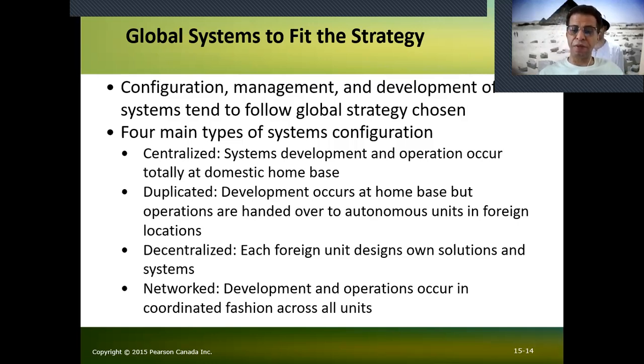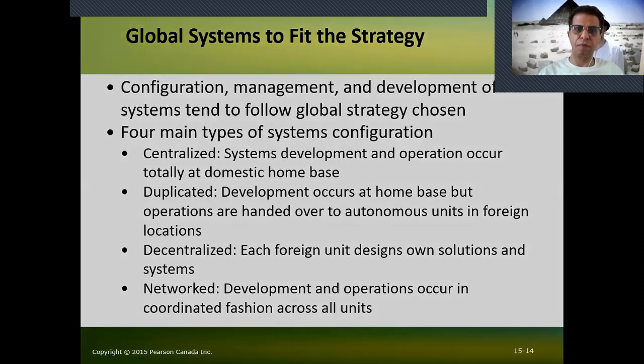And then you have the network, where development and operation occur in a coordinated fashion across all the units. Typically we see it in Honda and Toyota, the Japanese car manufacturers.